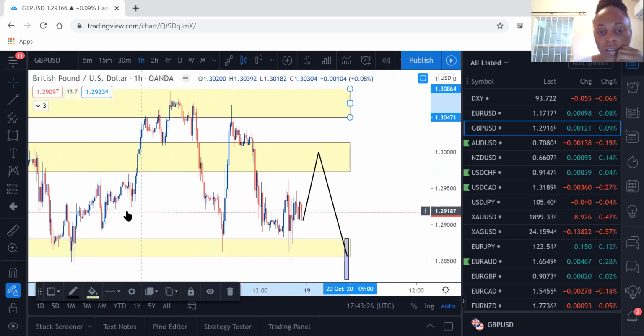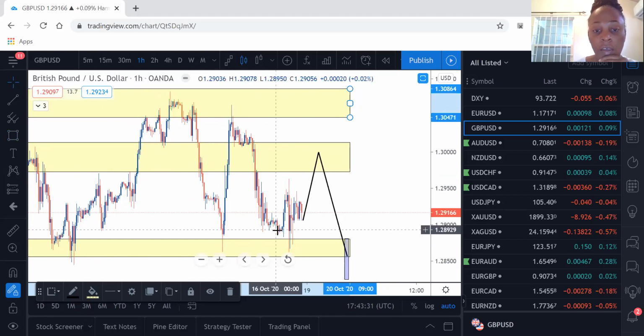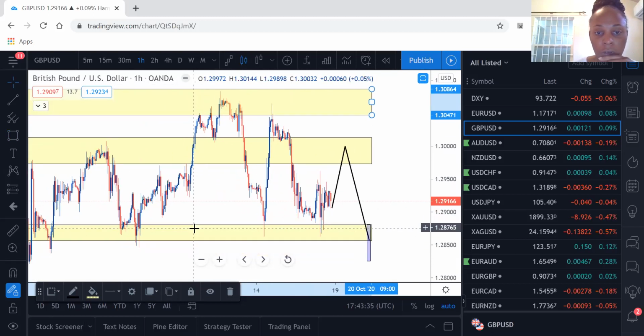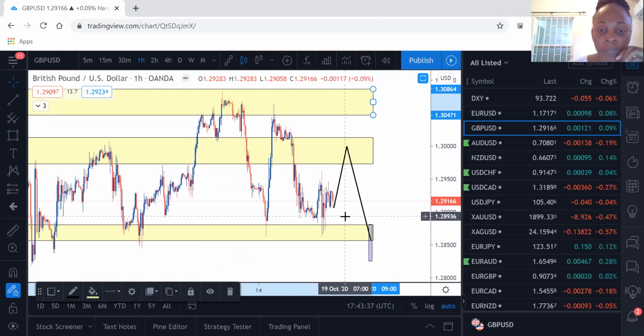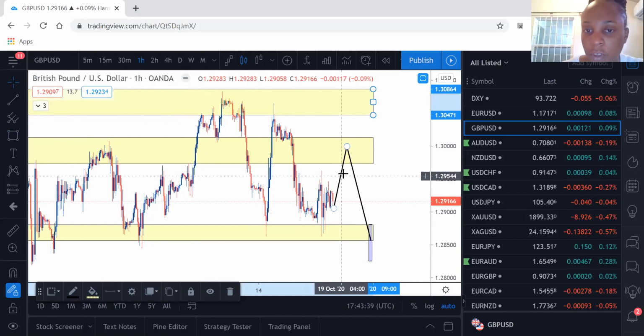So advanced trader, we have a double bottom and a double top giving us both 100% retracements of our neckline. So now we have a right shoulder to form. You're looking for the trade to come back up into this zone here and then sell.